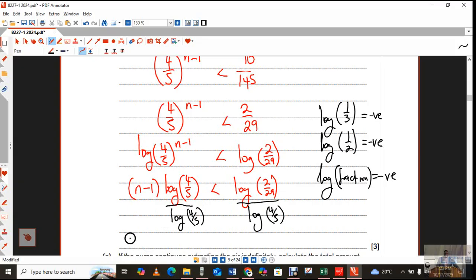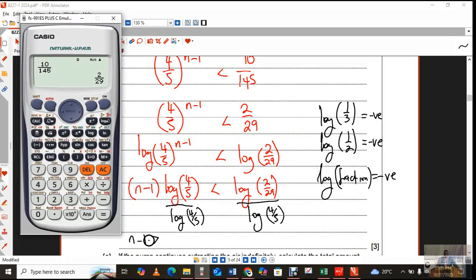So this is going to leave you with n minus 1. I'm going to change the inequality sign around. Okay, so you can just go ahead and check again. So if you say log of 4 over 5, you would see that that will give me a negative number. And whenever you're dealing with inequalities, when you are dividing throughout by a negative, in order for the inequality to remain true, the sign has to reverse.